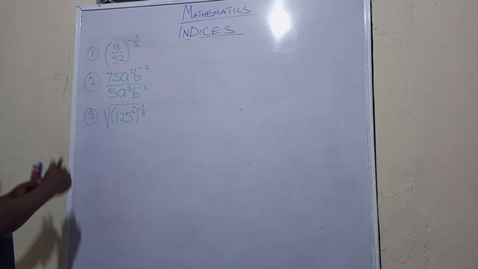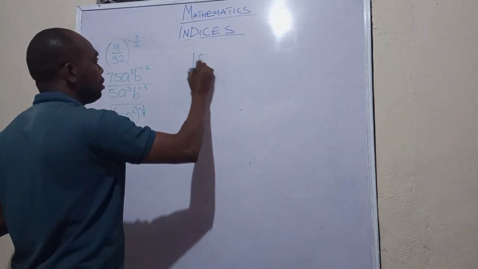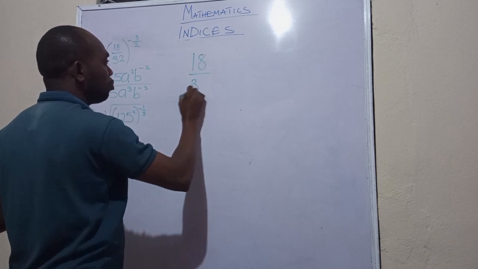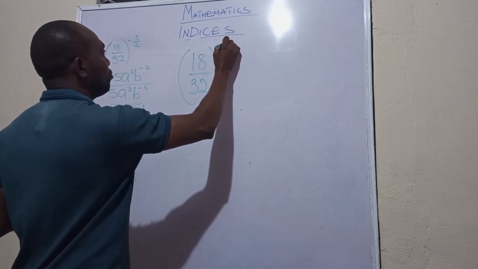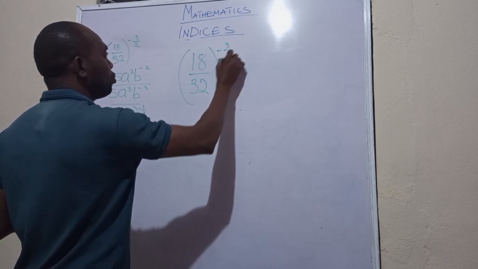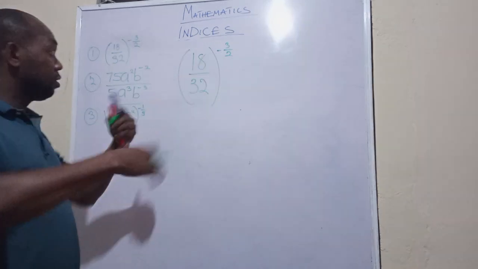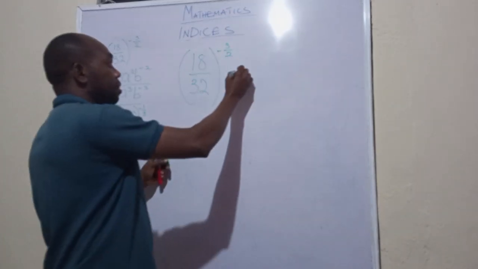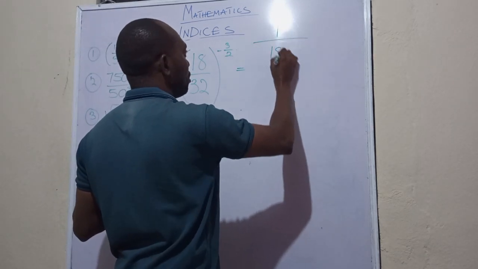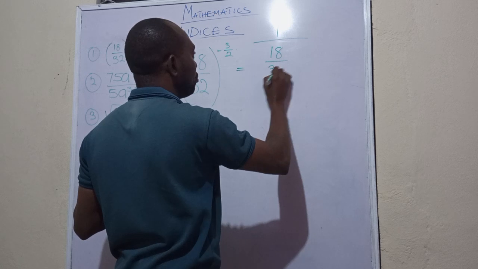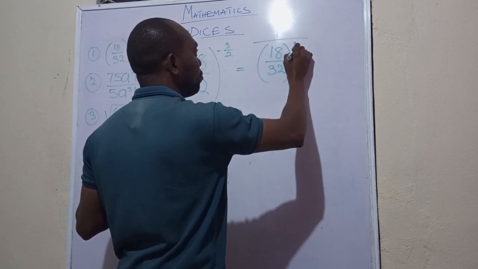So by solving the number 1 question, we bring down the question: 18 over 32 close brackets of minus 3 over 2. Now, because of the minus sign, it reciprocates, and that will now be 1 all over 18 over 32 close bracket of 3 over 2.